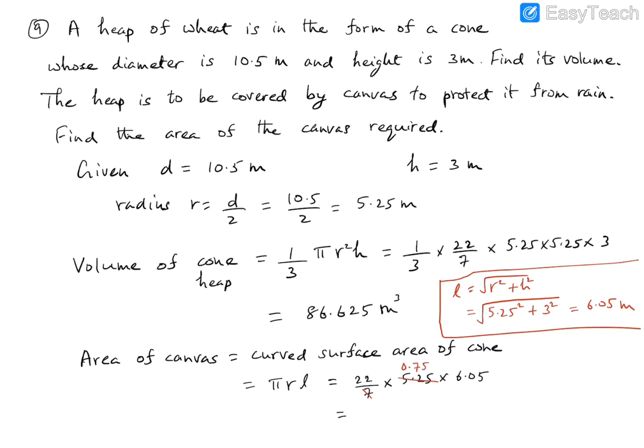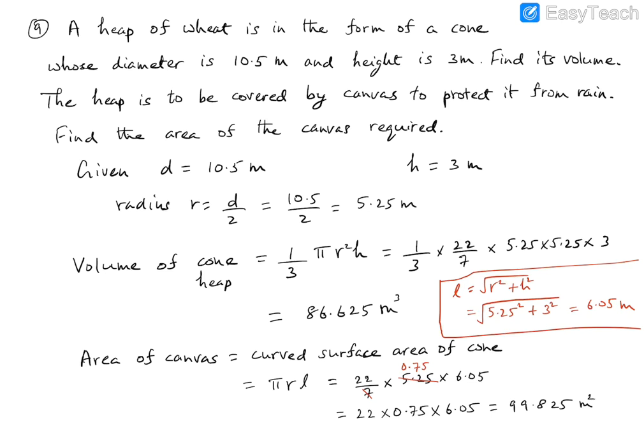So we'll get the simplified expression as 22 into 0.75 into 6.05, and when we perform this multiplication, we will get the value for the curved surface area as 99.825 meters squared.